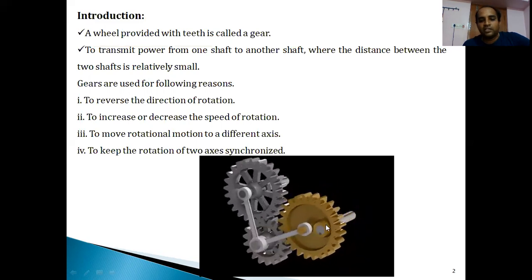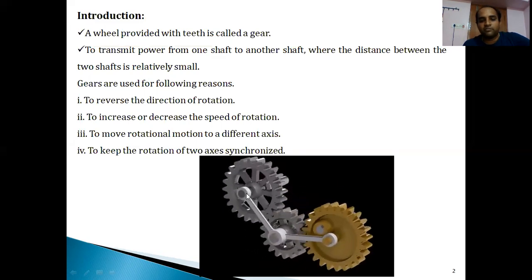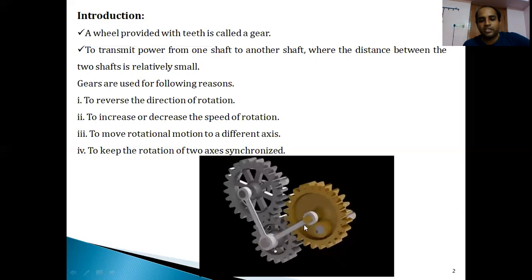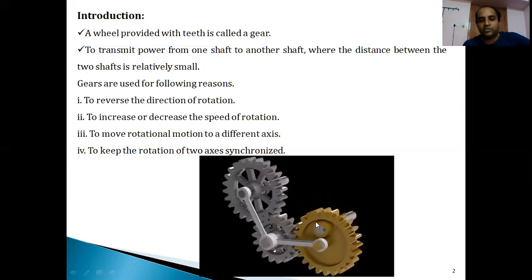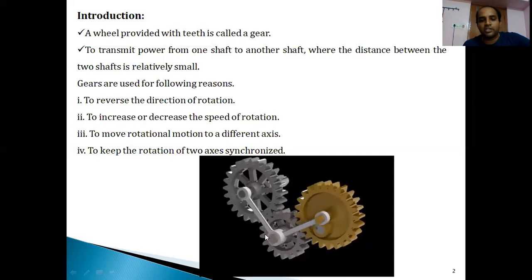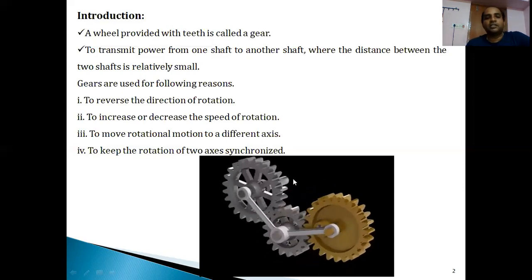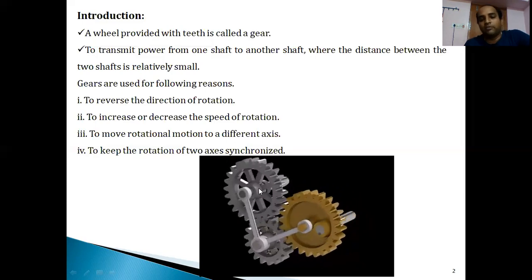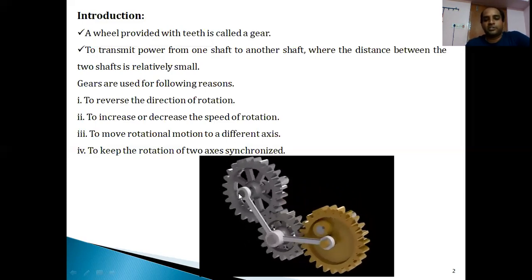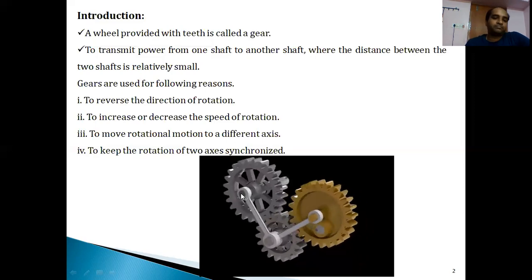Here you can see the distance between three shafts: the first shaft, the second shaft and the third shaft. If the distance between the shafts is very small, we use these gear drives for transmitting power between two shafts when their center distance is very small.